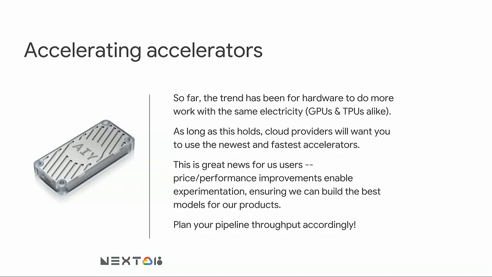The ability for us to do more work with basically the same amount of electricity means that us users have our incentives aligned with cloud providers to use the newest and fastest hardware. There's no reason that we want people to use the older versions of the hardware, because the newer versions will do more work with the same wattage, which means that we really want you to use the newest thing that you can.